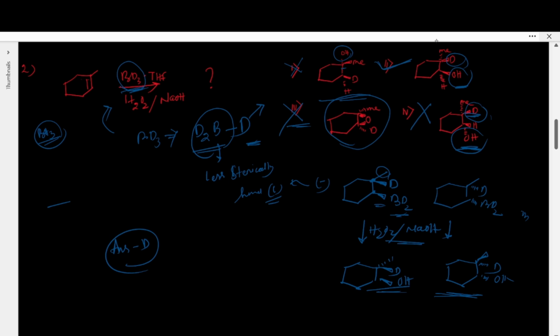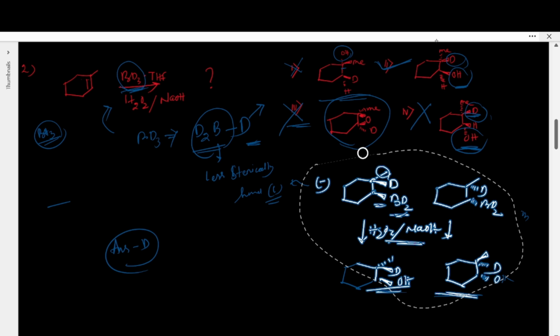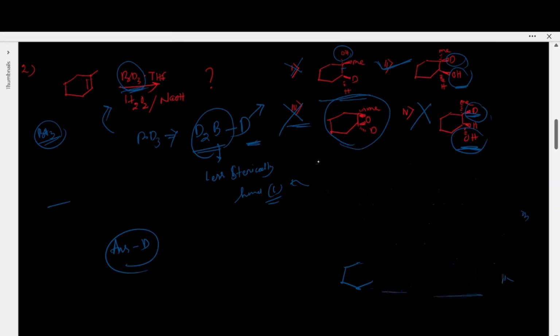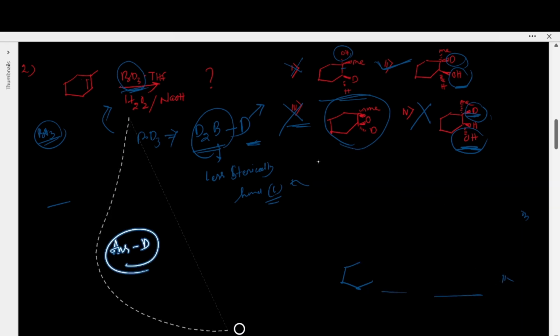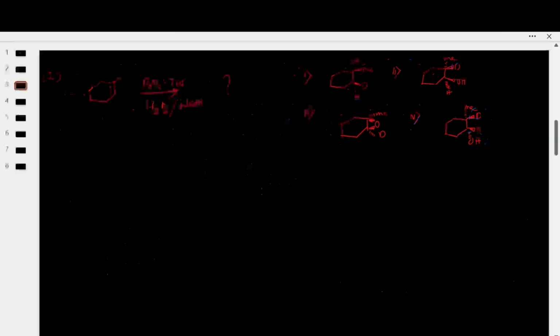So one more thing I have to explain to you guys. So how that BD2 is converted to OH in the presence of H2O2 NaOH. Okay, you got it. What will be the product? So the product will be option 2. Now try to understand how the boron species will be converted to alcohol in the presence of H2O2 NaOH.